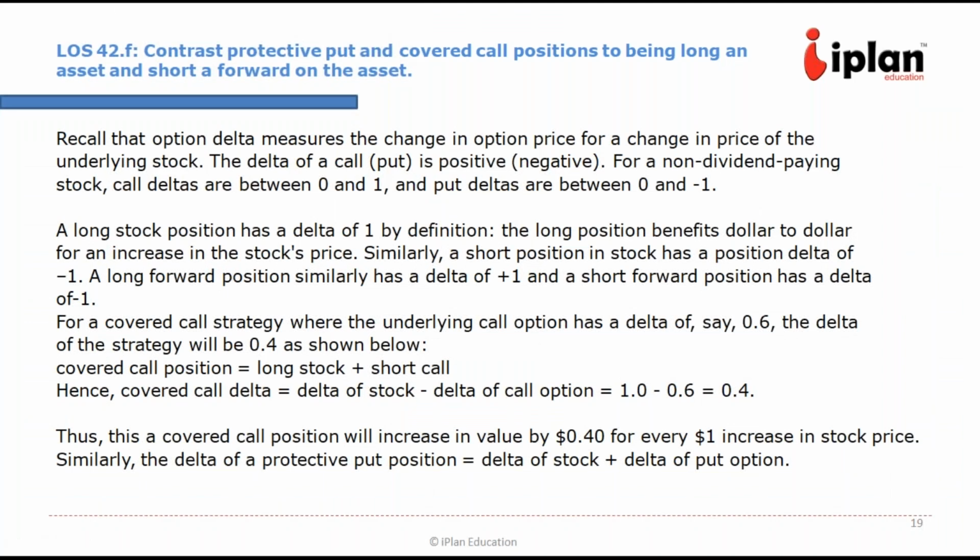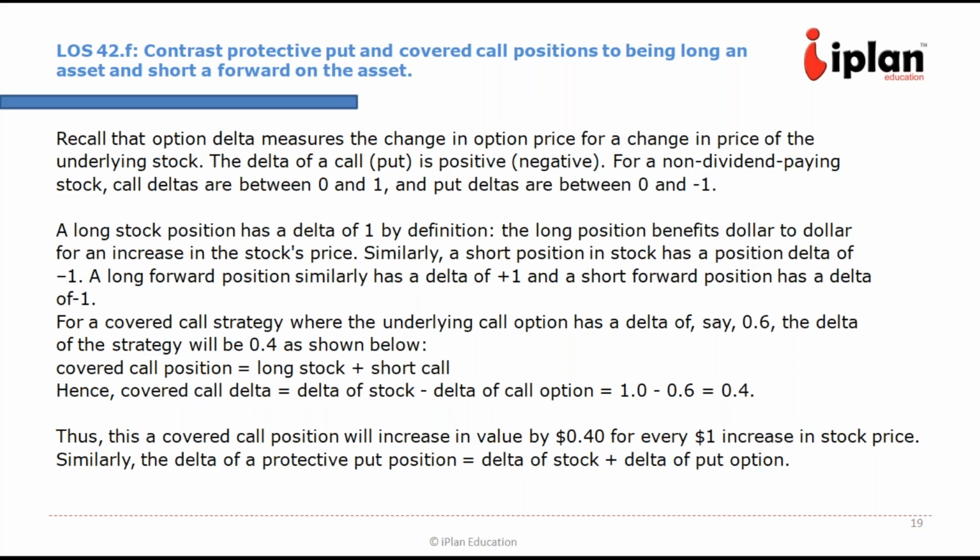So contrast protective put and covered call positions to being long an asset and short a forward in the asset. See, basically, when you have a covered call position, you have a long stock plus a short call.